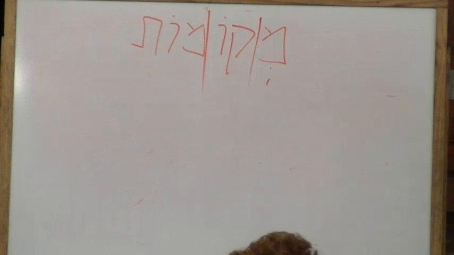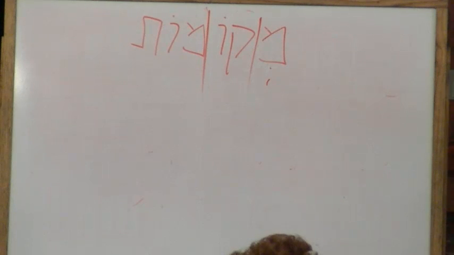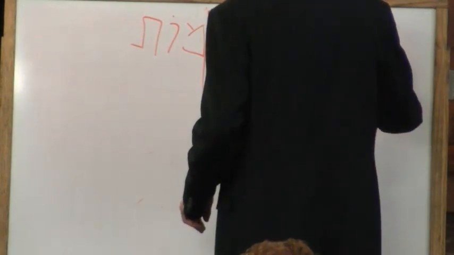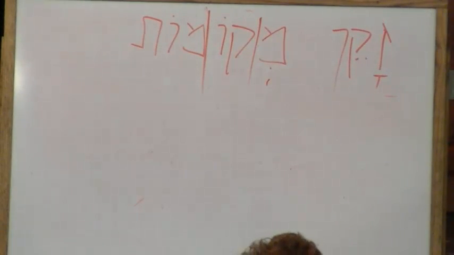Another example, you have zaqen. That's one of your vocabulary words for this lesson here. I think it's lesson 1, yeah. So here's the word zaqen. Old man.